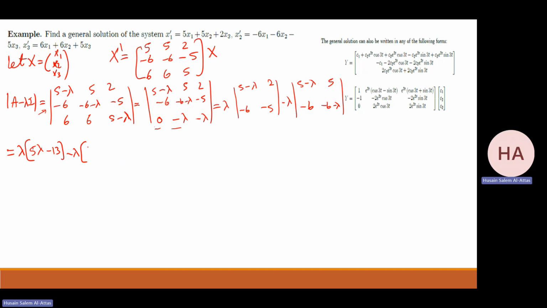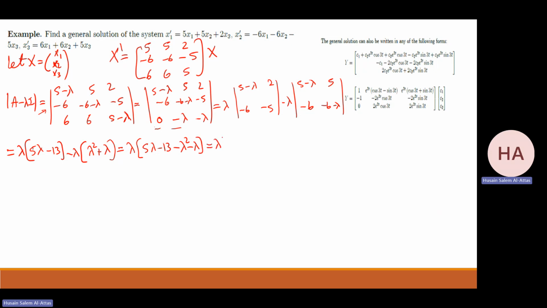I have here lambda square. 6 lambda minus 5 lambda, that will be plus lambda. Minus 30 plus 30, gone. That is nice. So you can take lambda common factor. They have 5 lambda minus 13 minus lambda square minus lambda.